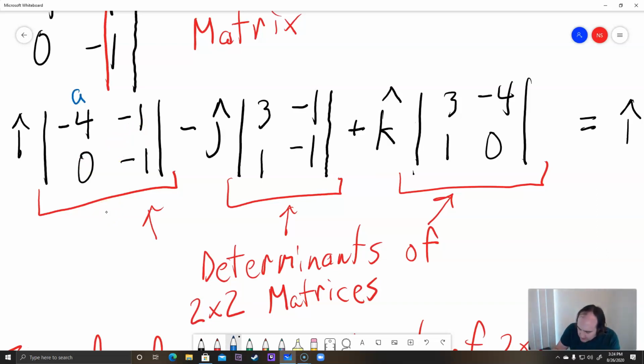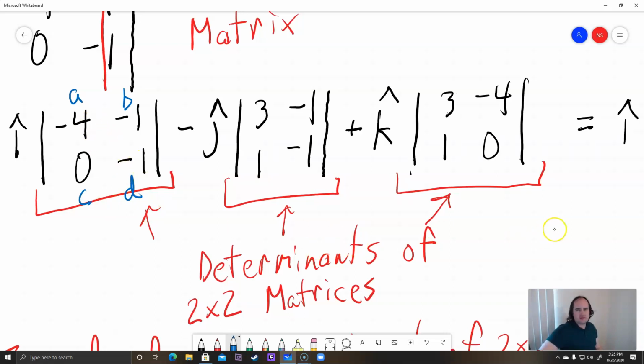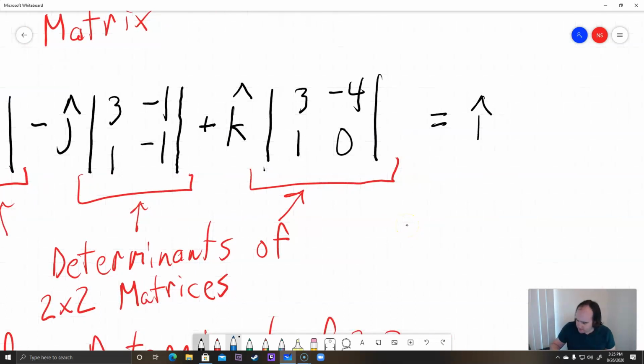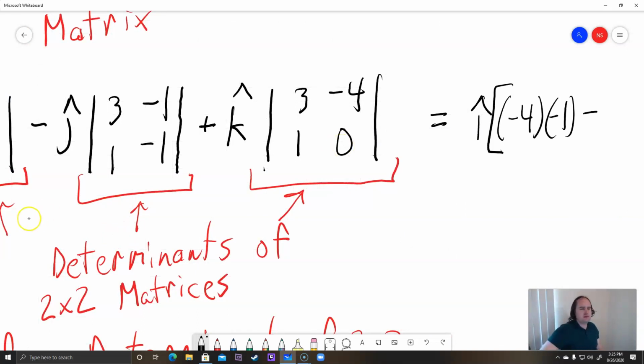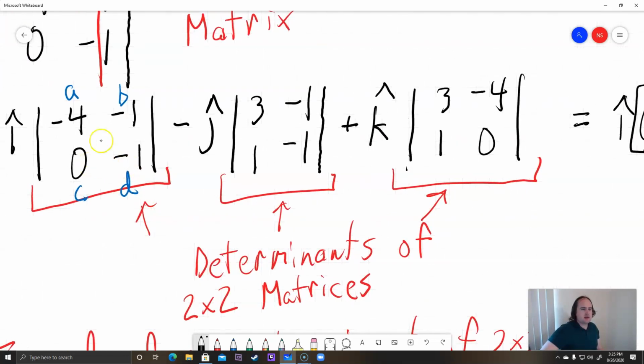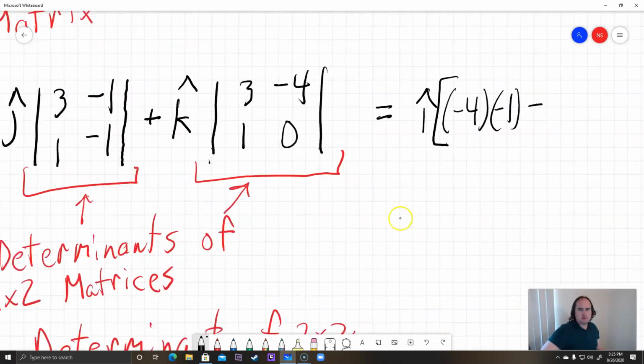So here's our A, B, C, D. Okay, so we use the formula AD, which is going to be negative 4 times negative 1, minus BC. So that's going to be minus negative 1 times 0.